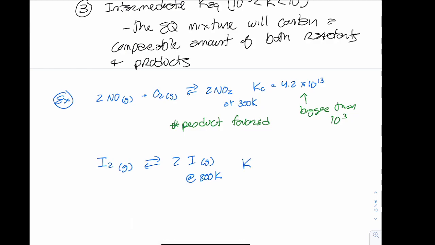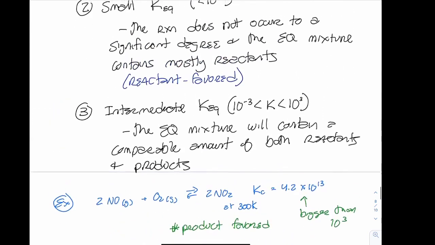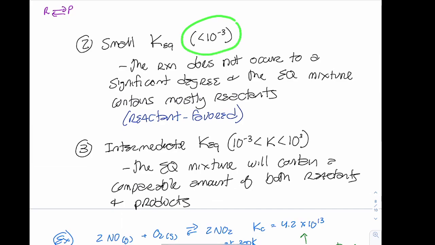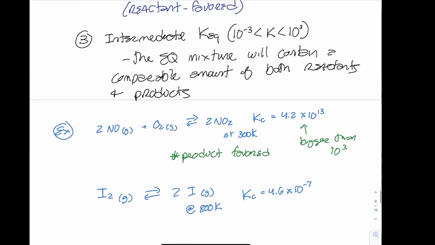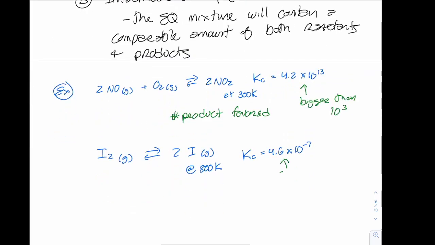And my equilibrium constant for this one is 4.6 times 10 to the negative 7th. So that's considered small, right? If we go back up, it's less than 10 to the negative third. So smaller than 10 to the negative third. So this one is reactant favored.